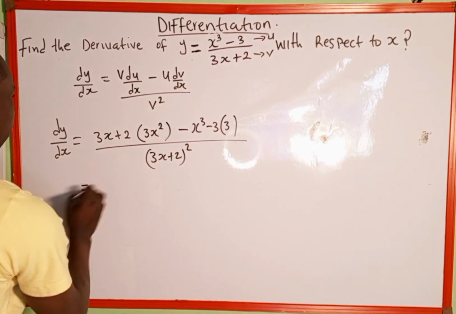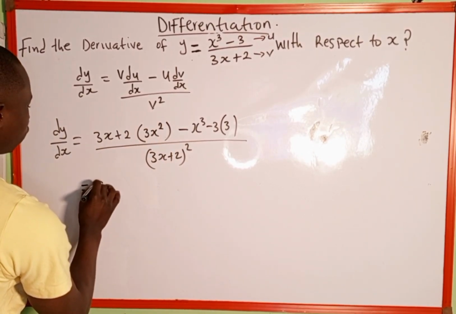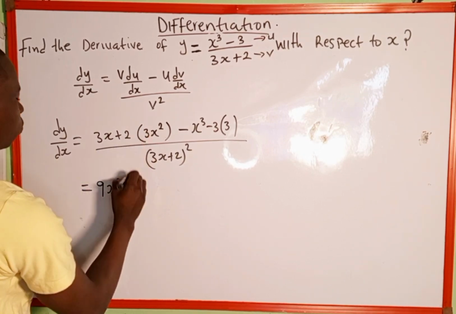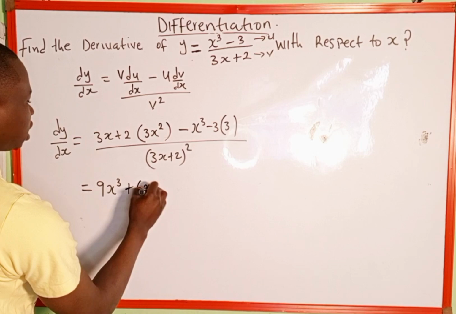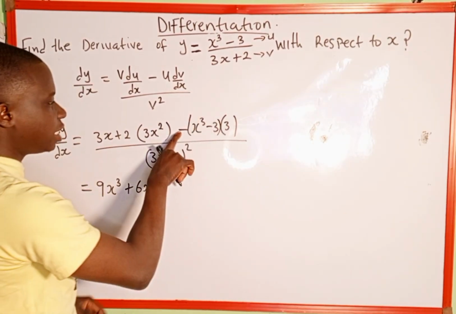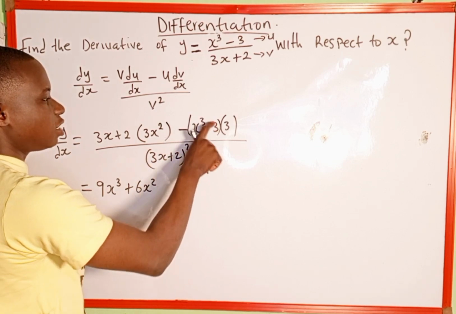So now we're going to simplify further. 3x to power 2 multiplied by 3x is going to give us 9x to power 3. Then 2 multiplied by 3x to power 2 is going to give us positive 6x to power 2. Here is going to be inside the bracket because this negative here will affect this x to power 3 and also affect this negative 3.